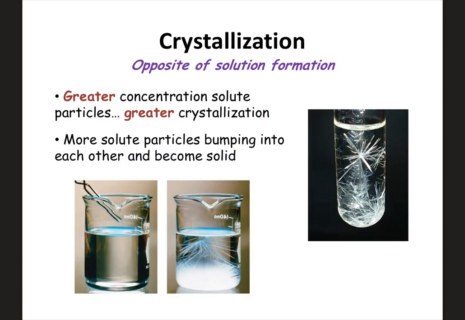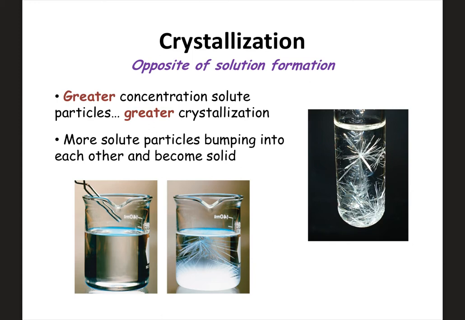When you hear the term crystallization, that's just the opposite of solution formation. Instead of solute entering the solution, crystallization is when the particles come out of the solution and precipitate out. Basically, the greater the concentration of your solute particles in the solution, the greater the crystallization that can happen.